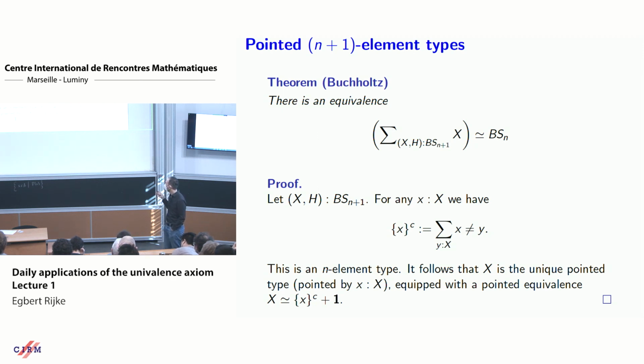X is the unique pointed type that can be written as the complement of X plus 1, where this unit type here is representing X.